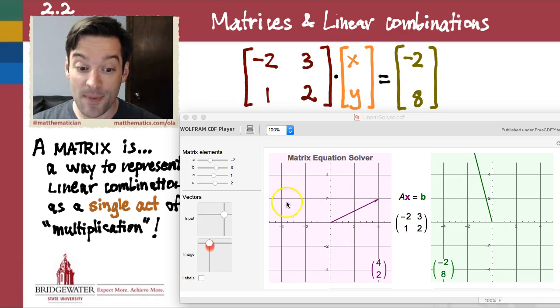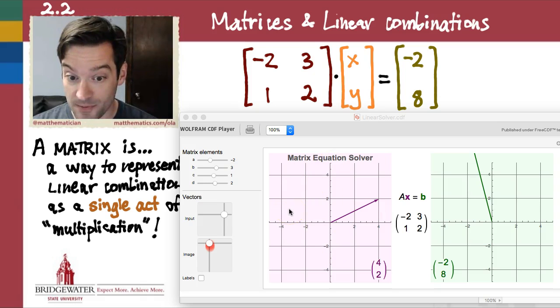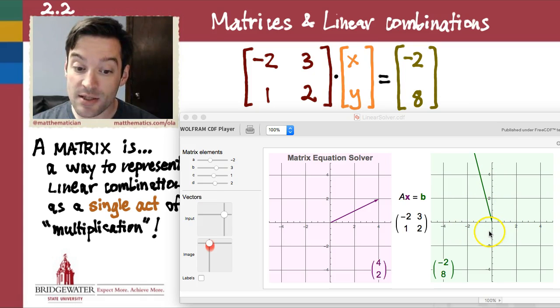On the left is a copy of the xy plane, R2, if you like. I'm going to think of that as the domain of this function. On the right is a copy of R2, again the xy plane. I'm thinking of this copy as the codomain. So here is where all of my outputs to this function live, and here's where all my inputs live. Or put another way, here's where all of my x's live, and here's where all of my b's live.